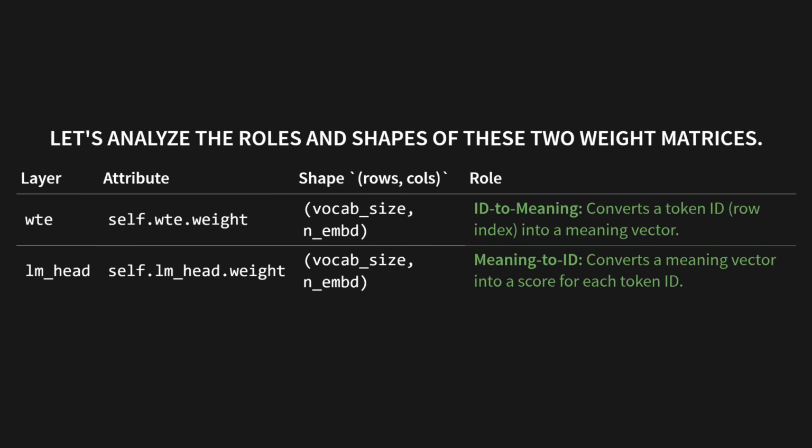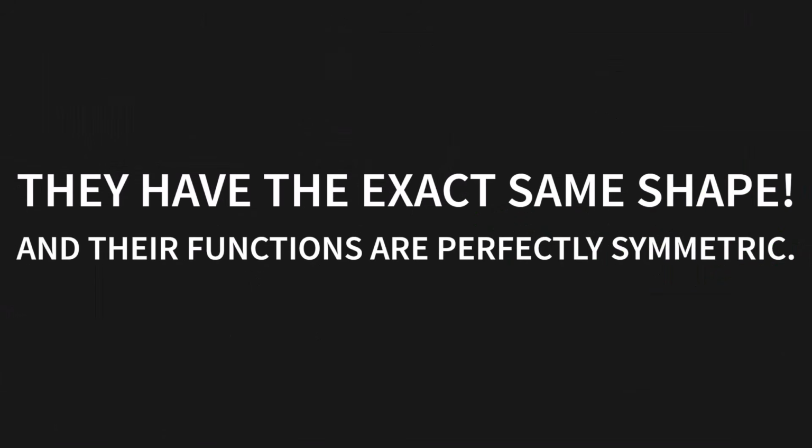Now look at the LM head. Its weight, self.lm_head.weight, also has a shape of vocab_size by n_embd, and its role? To convert a meaning vector into a score for each token ID. It's a meaning to ID map. They have the exact same shape, and their functions are perfectly symmetric. One goes from ID to meaning, the other goes from meaning back to ID.